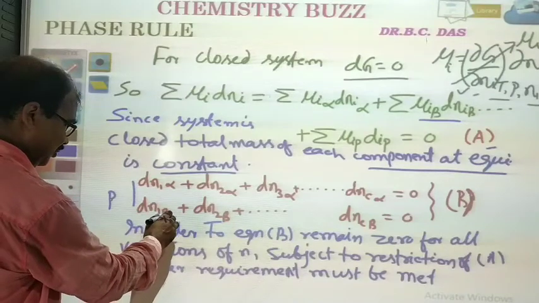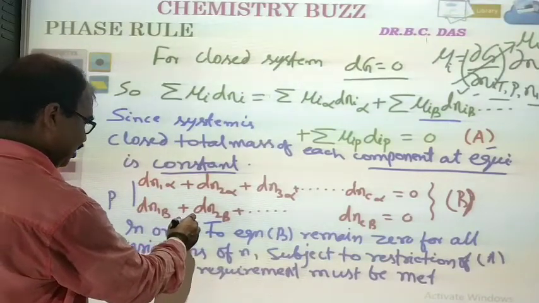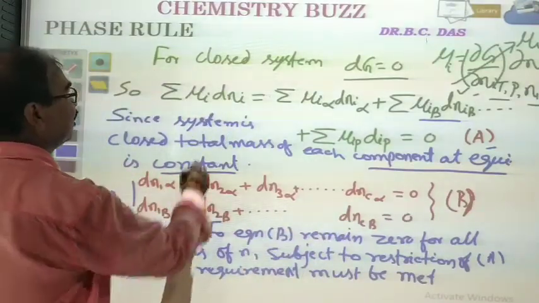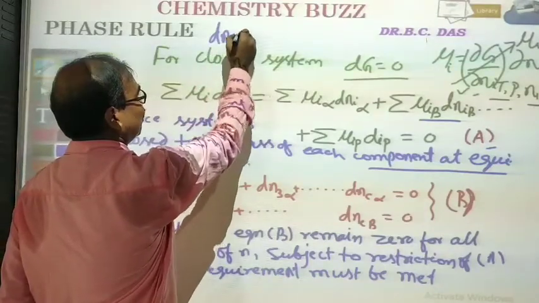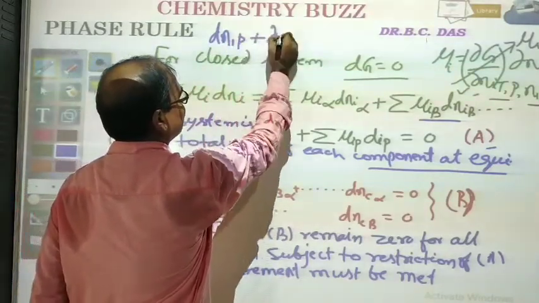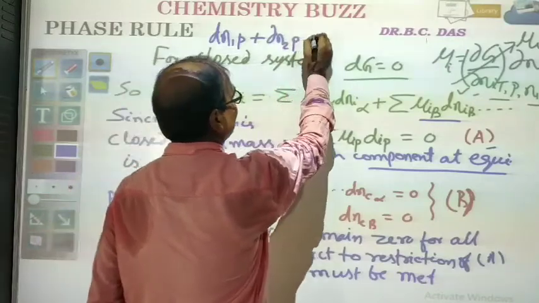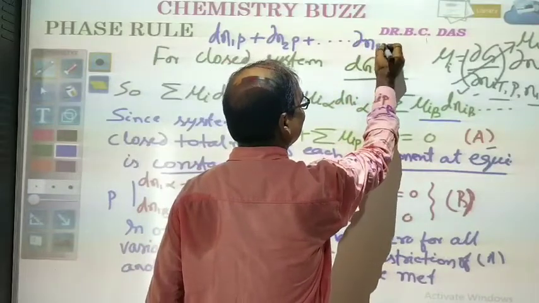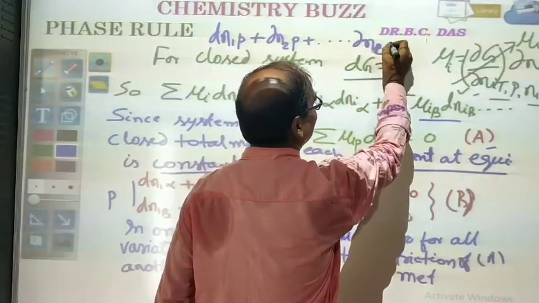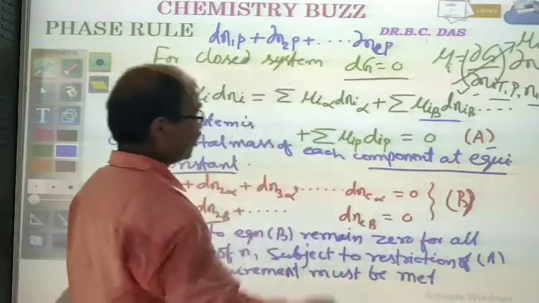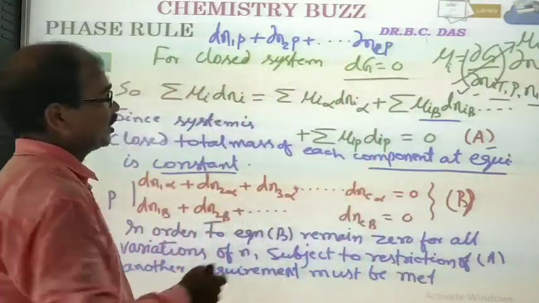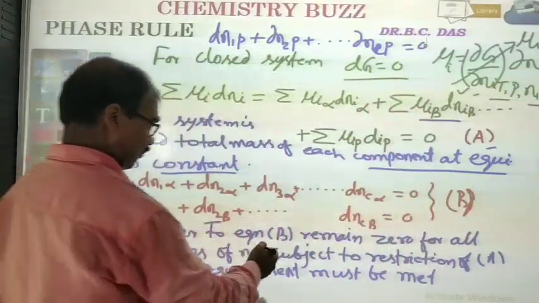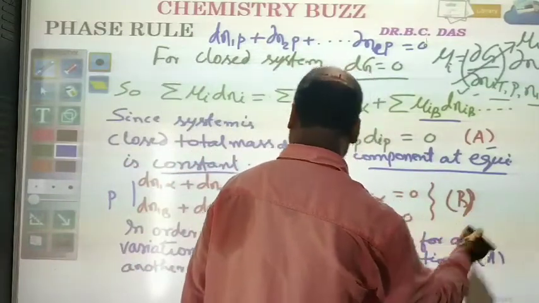The last equation will be dn1 P plus dn2 P for the P phase plus up to dnc P, because there is C number of components, and this is equal to 0. Say this series of equations is B.